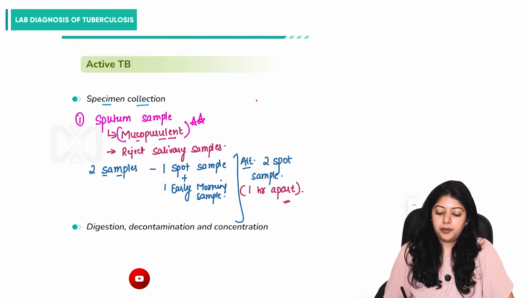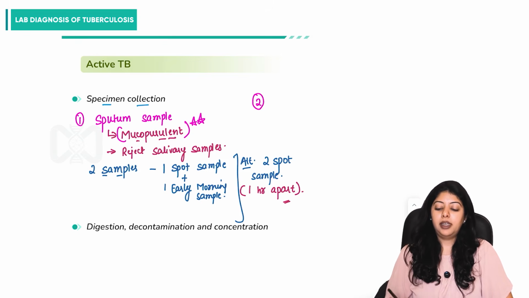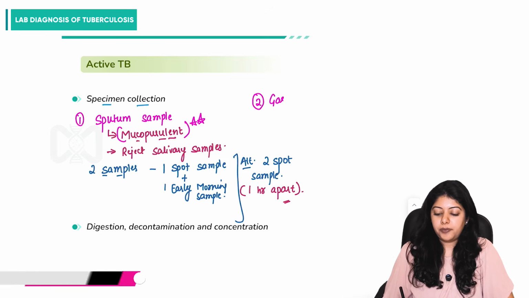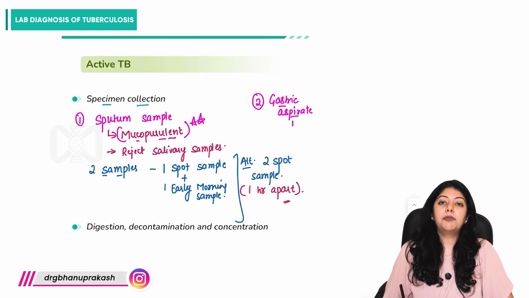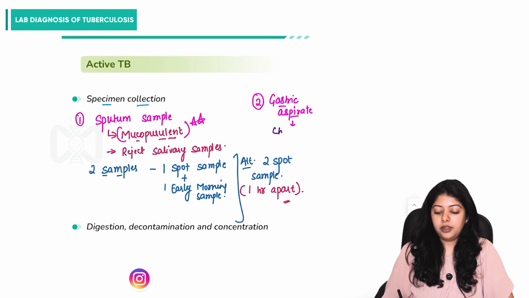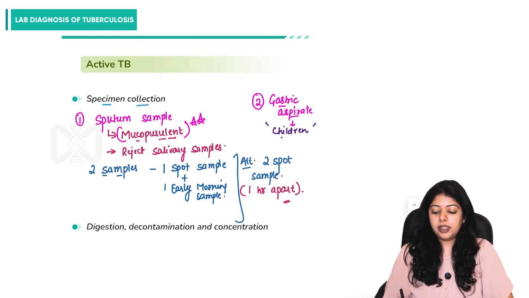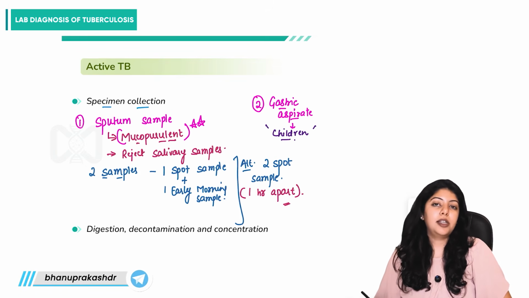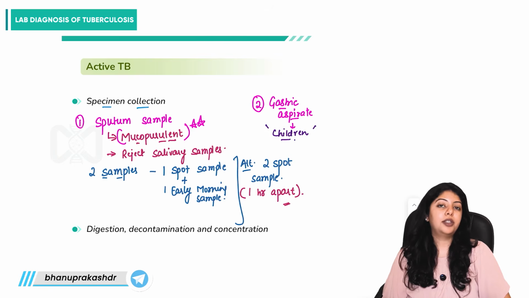Then comes the gastric aspirate. In what conditions are we going to take the gastric aspirate sample? It is in case of children who have the tendency to swallow the sputum. In this case, we take the gastric aspirate and use it for the diagnosis of pulmonary TB.